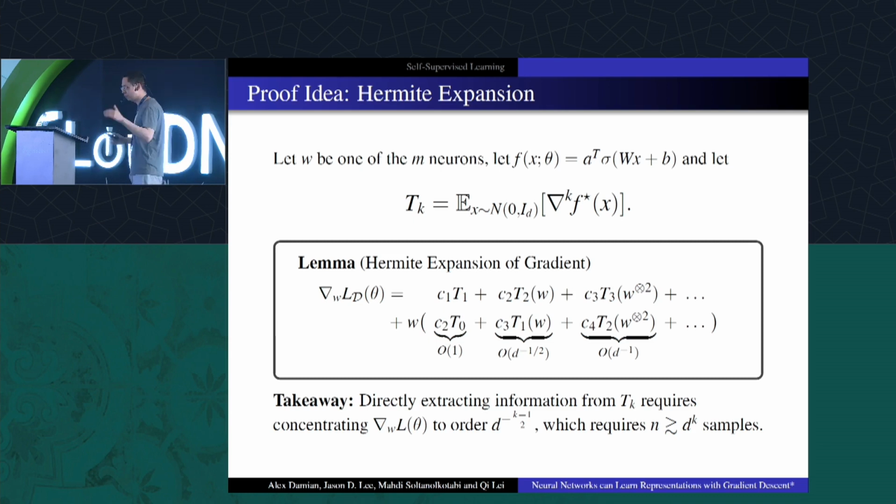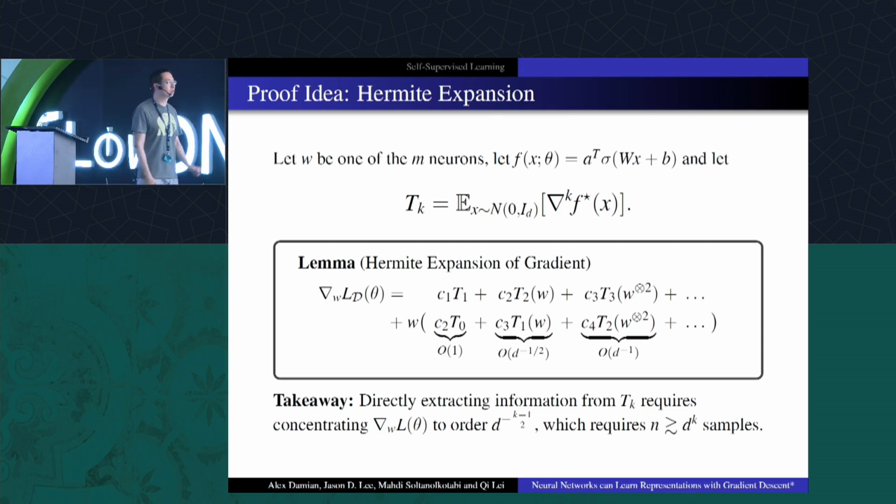I can take any function in Gaussian space and write it as the sum of the Hermite polynomial tensors with coefficients. The first order coefficient, there's d of them. The second one's a matrix, there's d squared of them. The third order is a tensor of order 3, there's d cubed, and so forth.